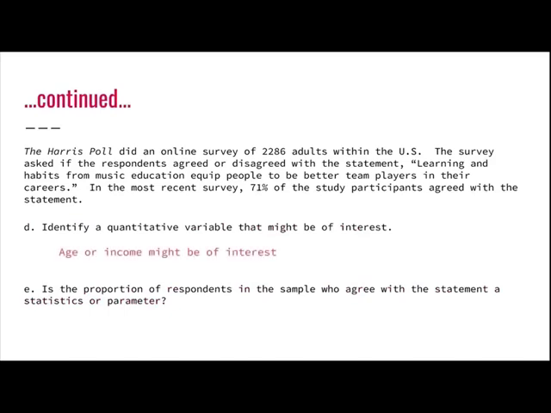So maybe we could say age or income might alter their agreeing or disagreeing with this survey. Is the proportion of respondents in the sample who agree with the statement a statistic or a parameter? It's a statistic. The proportion is computed from sample data.